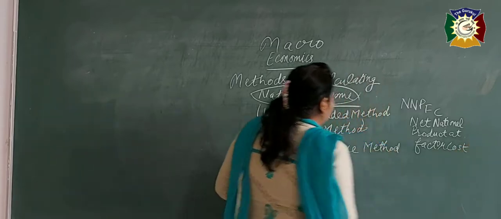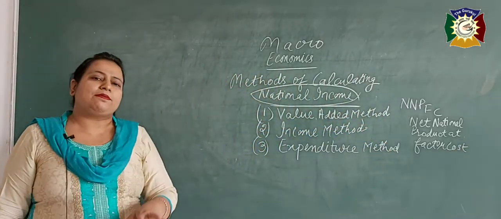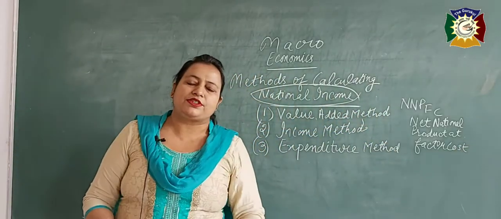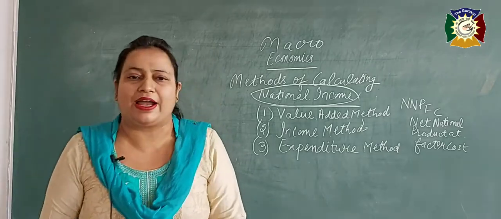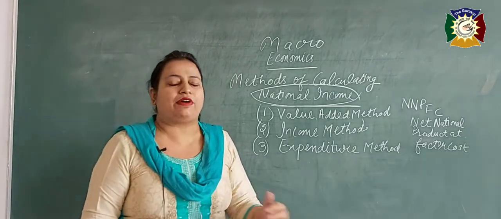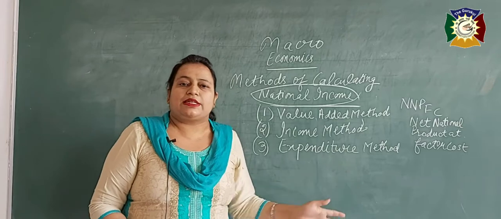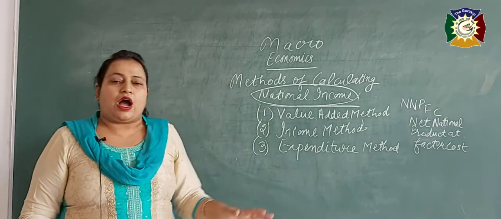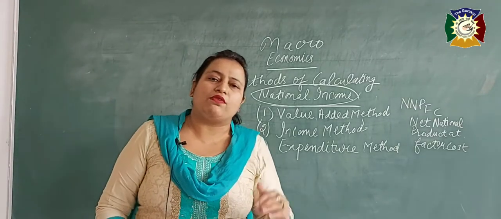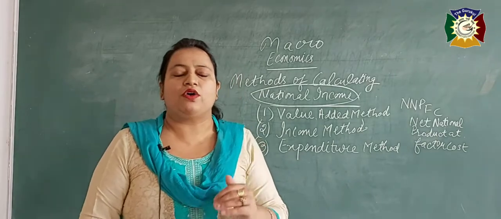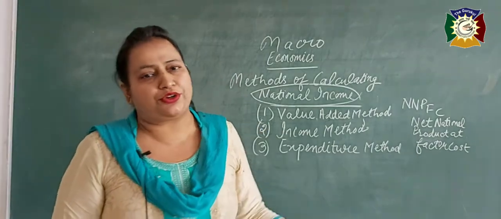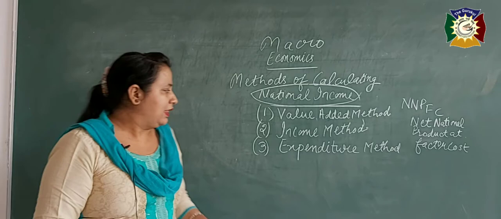It means when you are going to find national income, they will not give you the NNPFC. You have to understand at your own level that you have to find NNPFC. The steps I already told you. How will you go from gross to net? How will you go from domestic to national? How will you go from market to factor cost or factor cost to market?